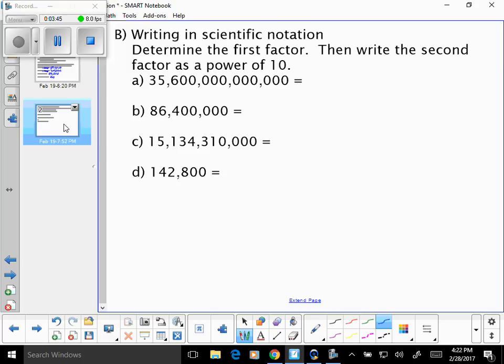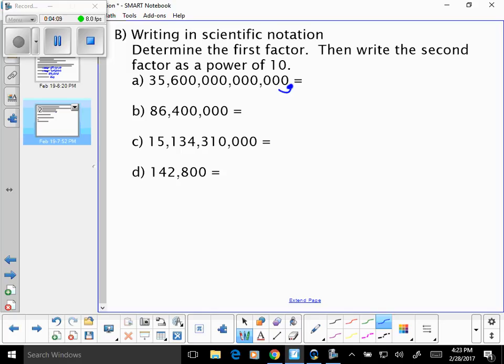With A, the decimal point is way to the right. If it's not given to you, it's always immediately to the right of the number. I'm going to move it so that it's between the 3 and the 5. 3.56 will be a first factor between 1 and 10.